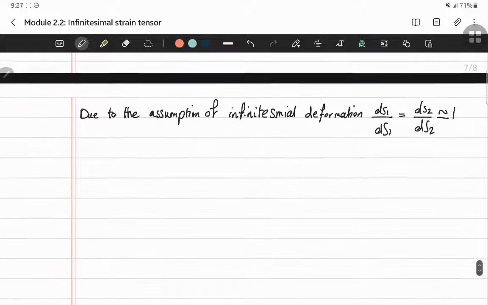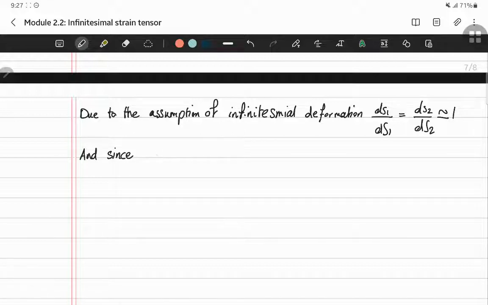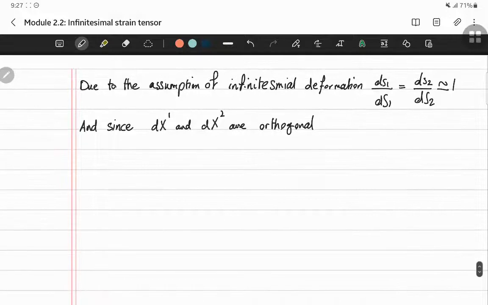And since dx1 and dx2 are perpendicular or orthogonal, it's better to say, orthogonal, therefore theta is equal to half pi minus gamma.